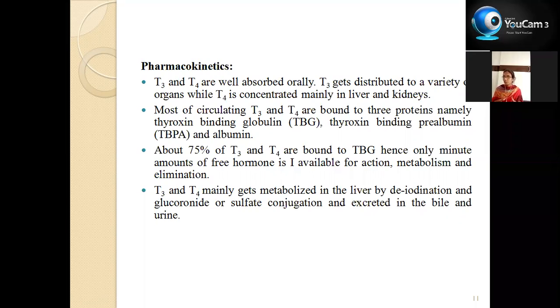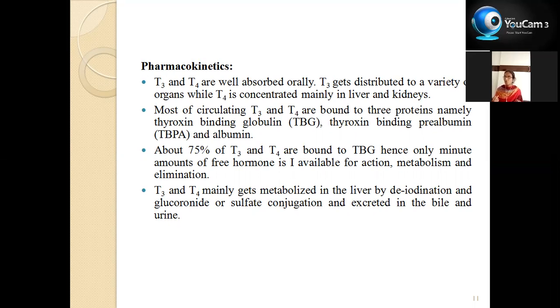The T3 will spread all over the body, but T4 is only concentrated in the liver and the kidneys. It is mainly bound to the three proteins, namely thyroxine binding globulin, thyroxine binding prealbumin, and albumin. The 75% of the T3 and T4 will be bound to the thyroxine binding globulin, and the remaining amount is free and undergoes metabolism and elimination.